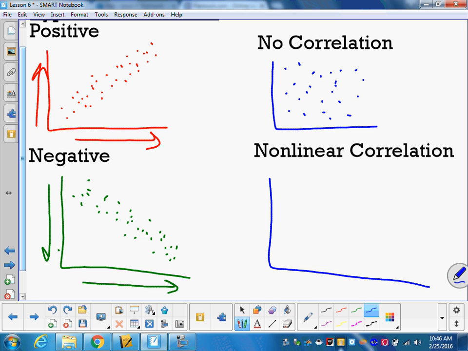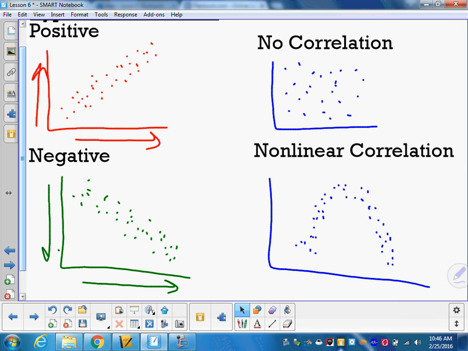For example, one of them would be something like that. That would require a curve of best fit, which would probably be quadratic. It would be called a curve of best fit.